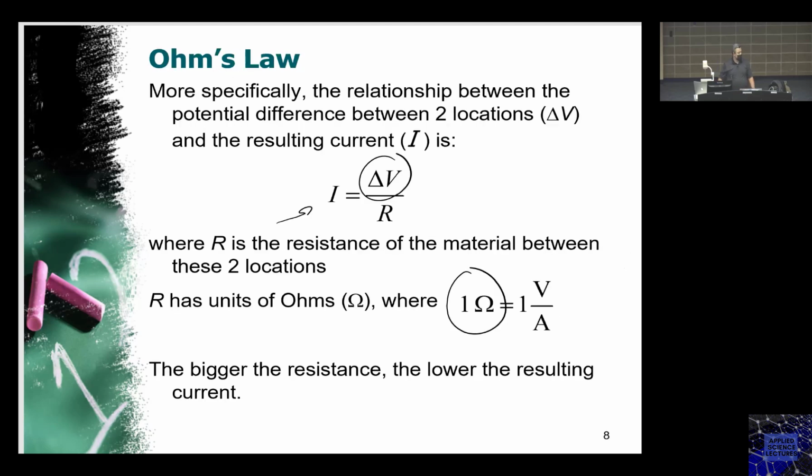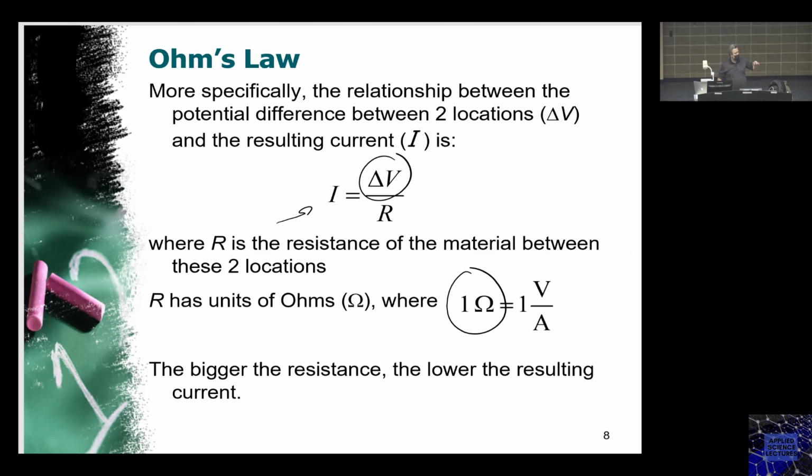Then Ohm's law basically relates the potential difference to the current by the definition of the resistance, where the resistance is the ratio of the potential difference to the current.